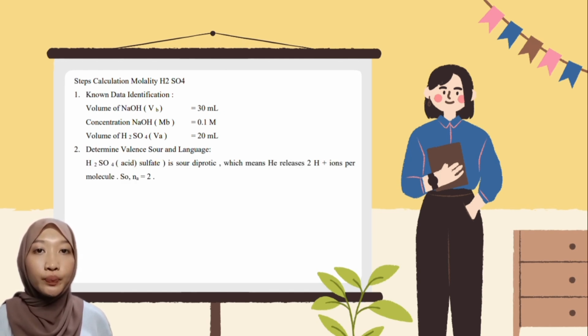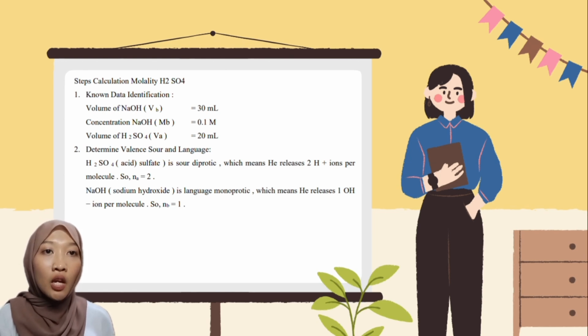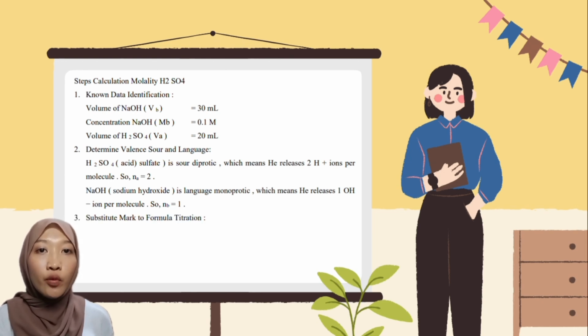H2SO4 or sulfuric acid is diprotic, which means it releases 2 H plus ions per molecule. So Na is 2. Next, NaOH or sodium hydroxide is a monoprotic base, which means it releases 1 OH minus ion per molecule. So Nb is 1.